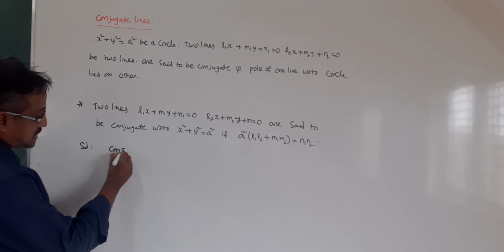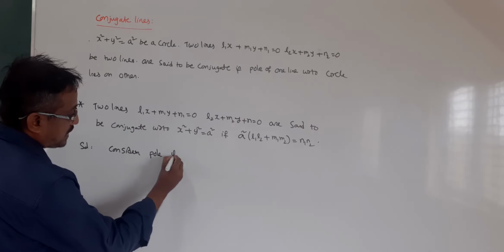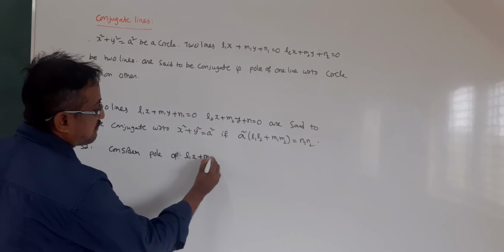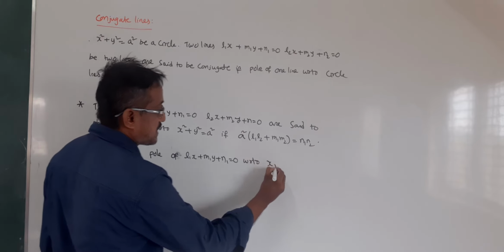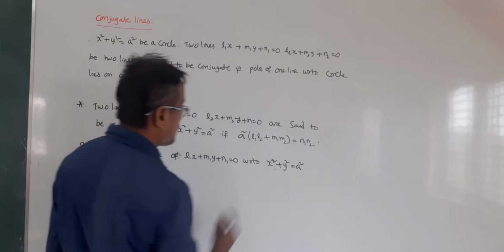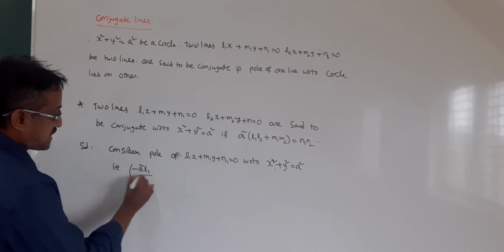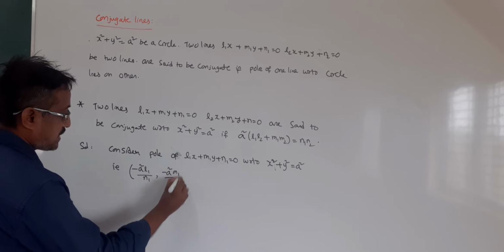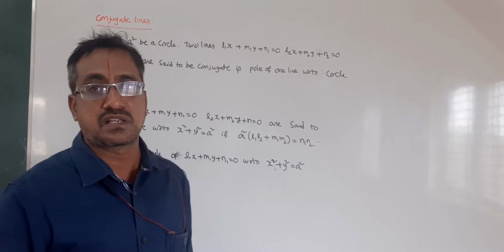So consider the pole of L1x + M1y + N1 = 0 with respect to x² + y² = a². That is (-a² L1/N1, -a² M1/N1). This is the pole of one line with respect to the circle.